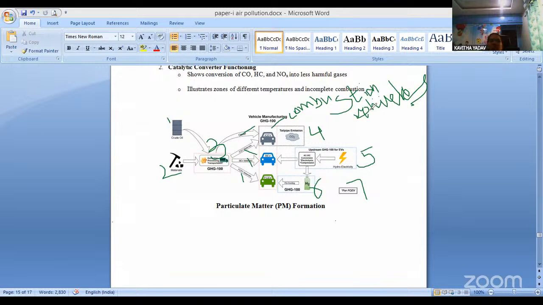The third one is the blue vehicle, an environment-friendly eco vehicle, where combustion happens only up to some level. When the vehicle runs, it can release some amount of emissions, but it does not completely affect our environment. Only up to 20%, 50% it will be affected.